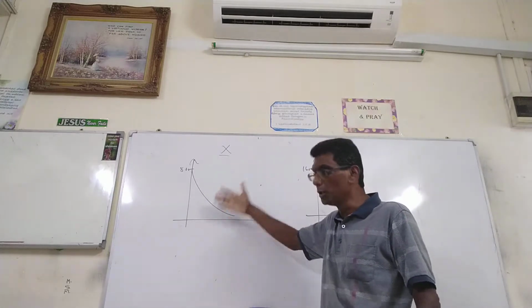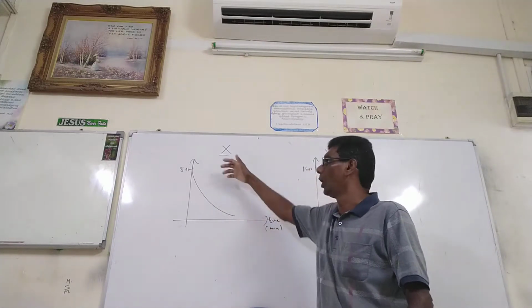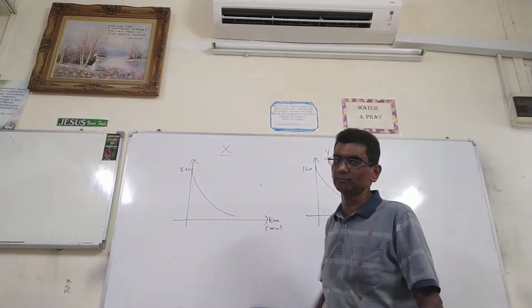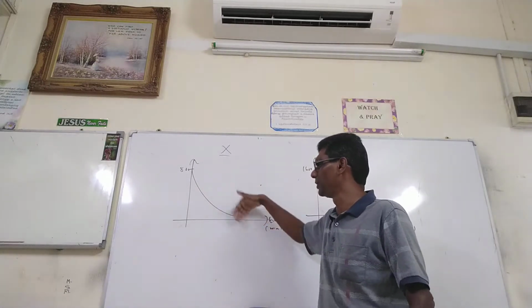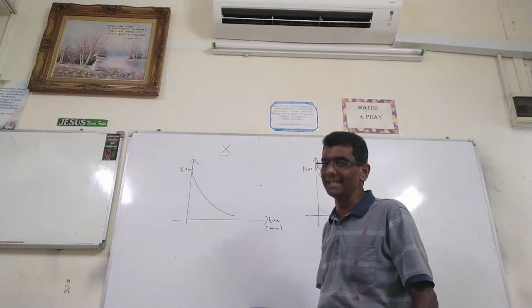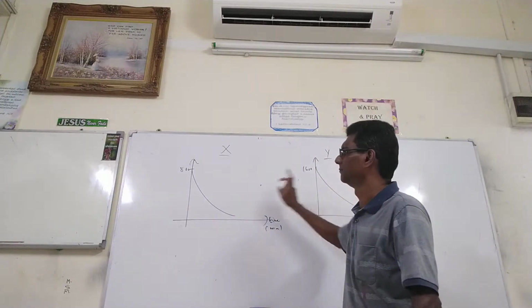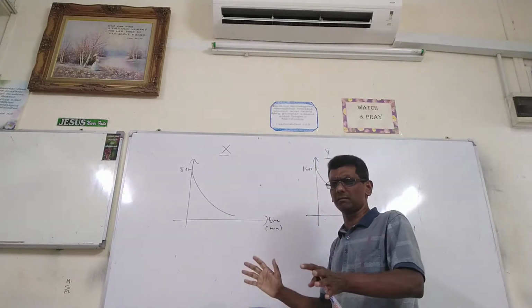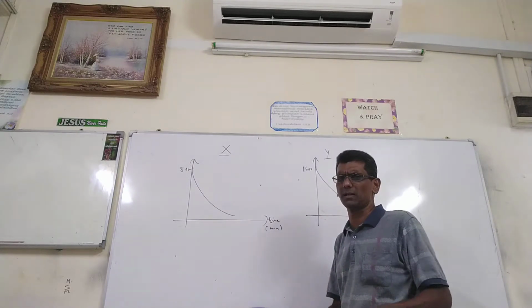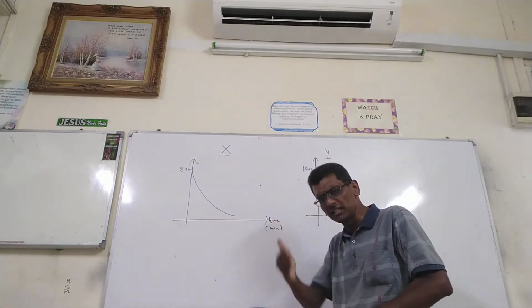We call it exponential decay. Regardless of the radioactive substance, all also decrease this way.